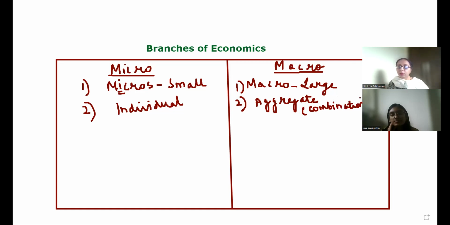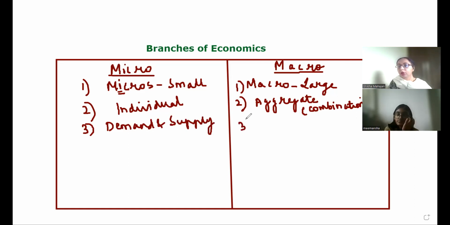What can be the third difference? Let's talk about the tools that we have. So here we will discuss about demand and supply. Here also demand and supply, but aggregate demand and supply.